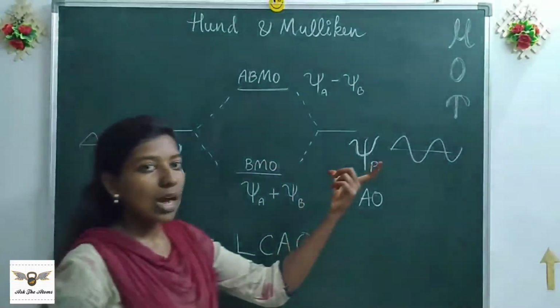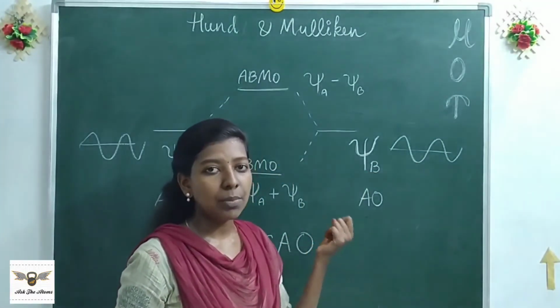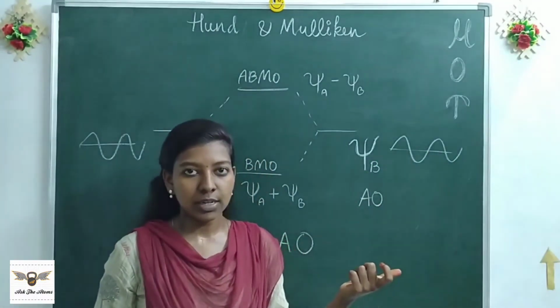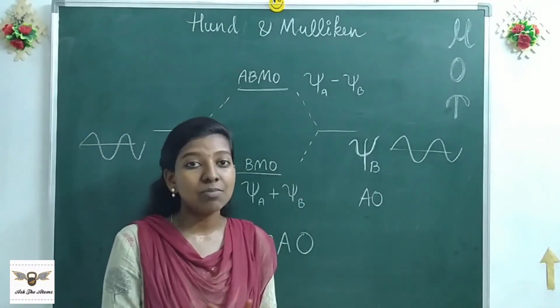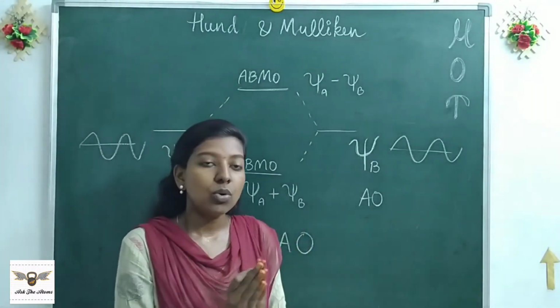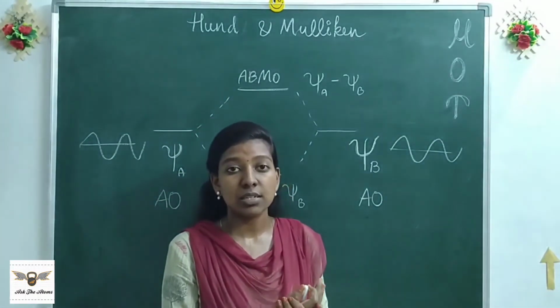Now, two waves, I am going to combine them. How do I combine? They can be in phase or out of phase, correct? You can visit some physics concepts on how waves can interfere or combine. You call them destructive interference and constructive interference.